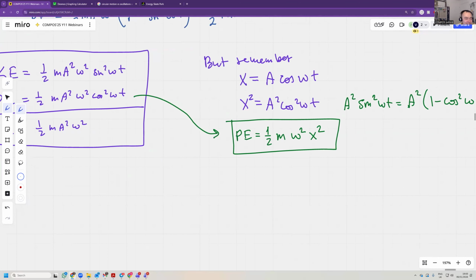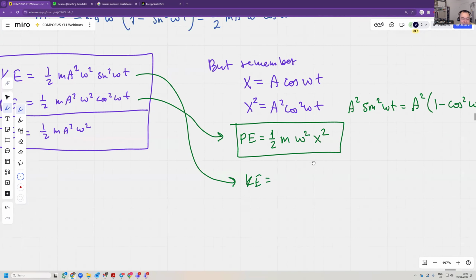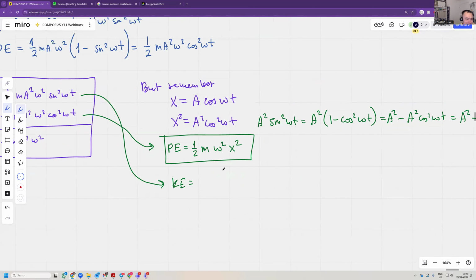Therefore, the kinetic energy can also be rewritten in terms of x, in terms of the position of the object, is equal to 1/2 m omega squared times a squared minus x squared.